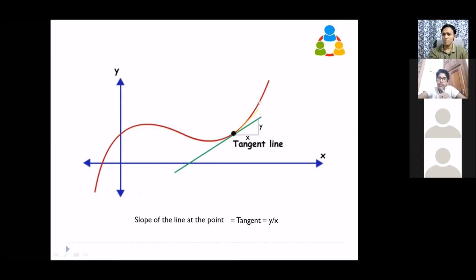It increases, slope increases. If this angle is more, slope is more, Y is more. If this angle is less, Y is less, so this value is less. So from that you get the concept of tan of any angle. Assume this angle is theta. When the angle is less, the tan value is less. When the angle is more, the tan value is more.